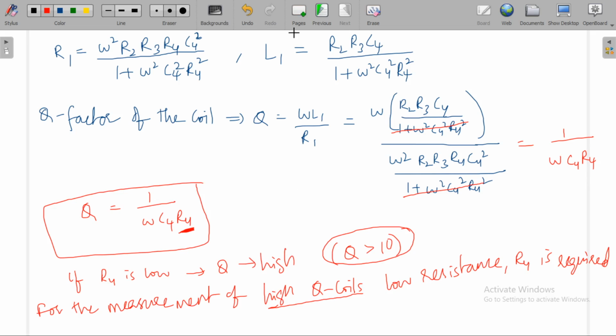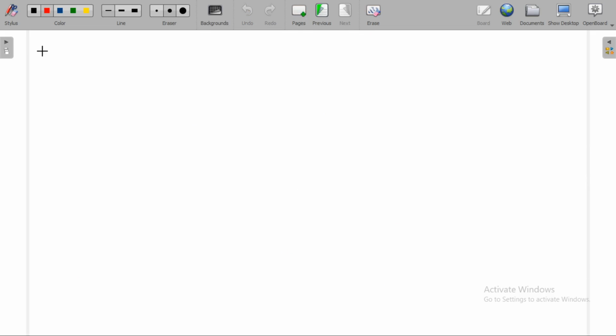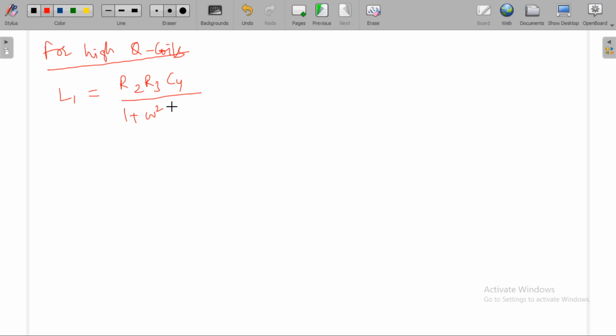Now for high Q coils, what will be the expression for inductance? You know, L1 is equal to R2 R3 C4 by 1 plus omega square C4 square R4 square.